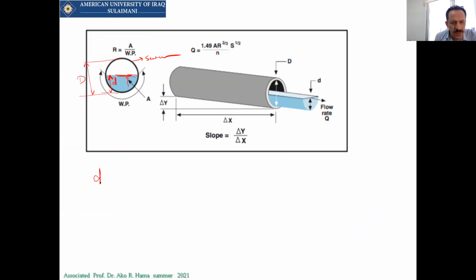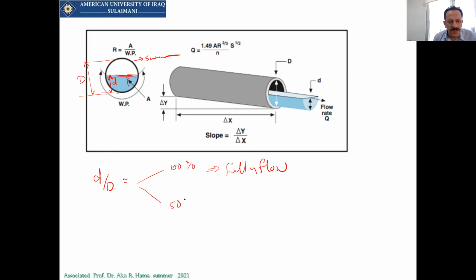So we say that d over D represents how full the flow is. If d over D is 100%, that means we have a full flow, which is not accepted in the sewer design. It should be less than 100%.